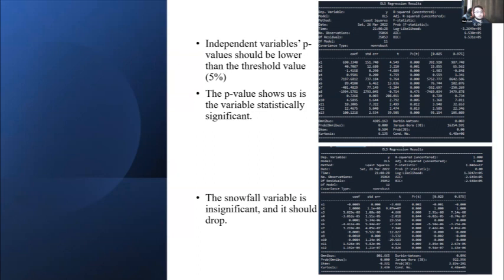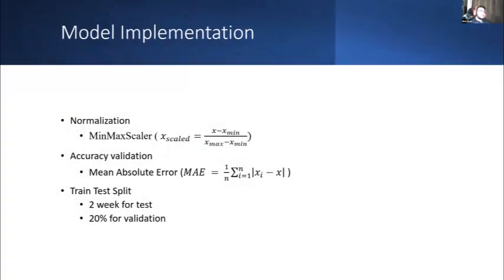When I drop it, everything is okay. Then the data must be normalized, must be scaled. All artificial neural networks and machine learning algorithms are sensitive to that. If you don't do that, a multicollinearity problem will probably occur. I chose the min-max scaler in Python.